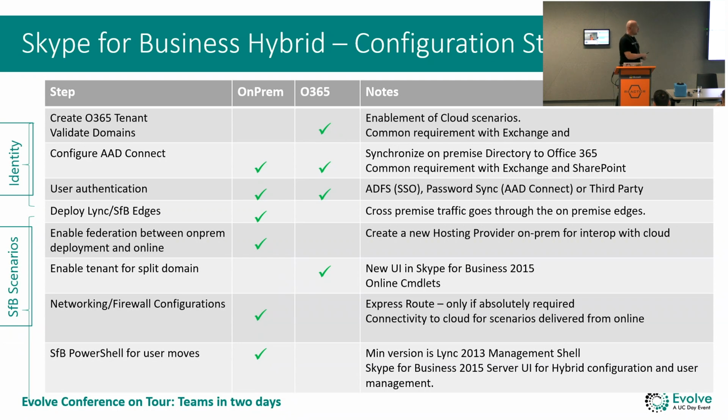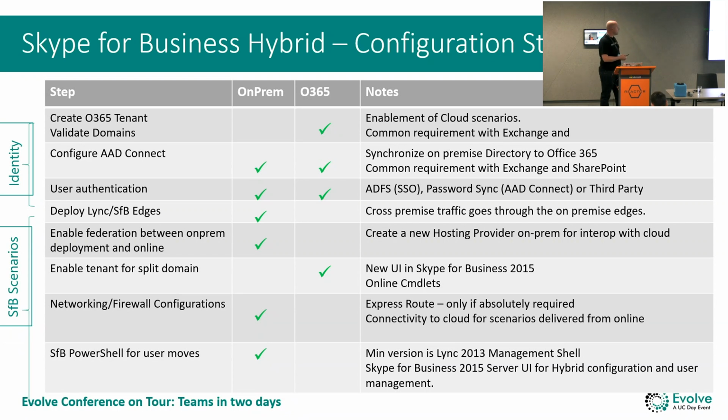That will make sure that chats will traverse the boundaries between the environments, and we'll need to update our environment so we've got split domain. And that's so that the SIP domain that people use, like contoso.com, can be shared between our on-premises Skype for Business deployment and our online environment, so they're all sharing the same namespace. We need to make sure that we've got networking, firewall configuration in place.